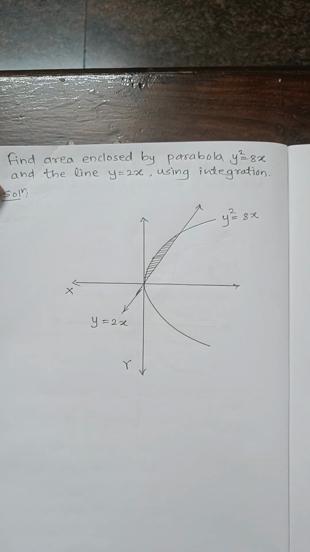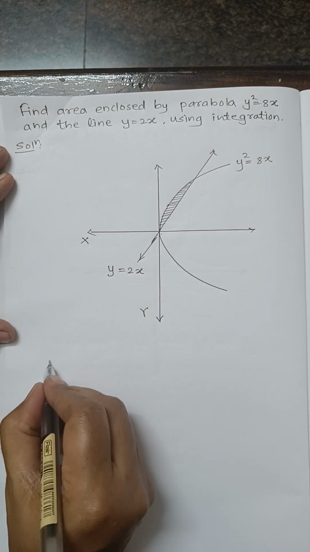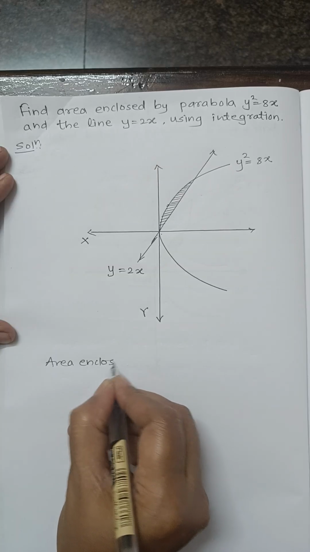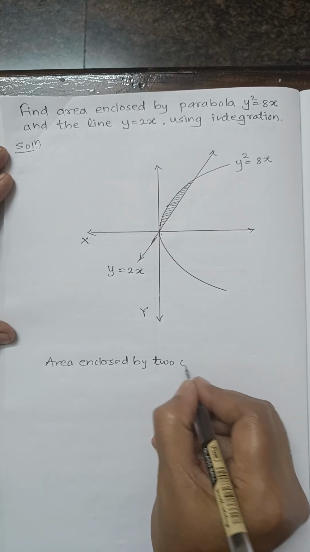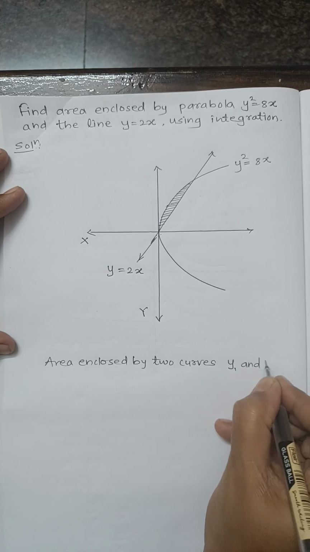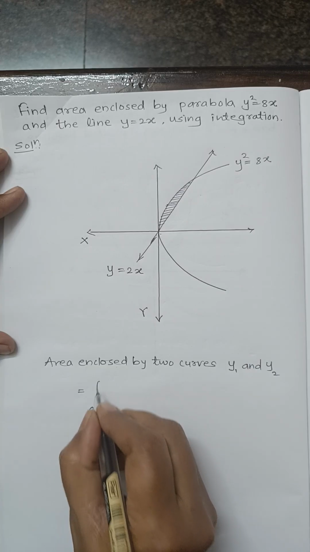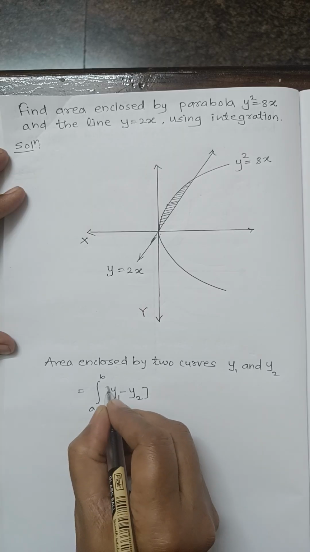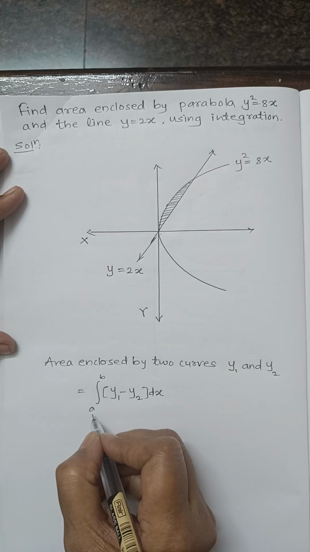Now to find the area between two curves, the formula is: area enclosed by two curves y1 and y2 is equal to the integral from a to b of y1 minus y2 dx, and this is the limit of x.